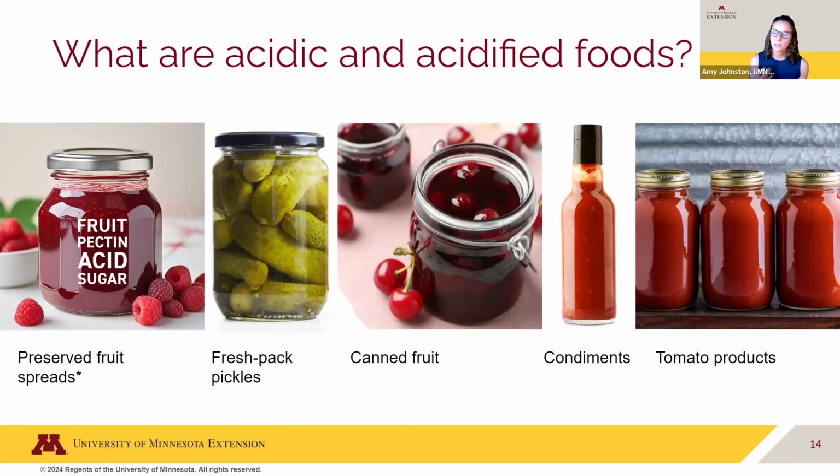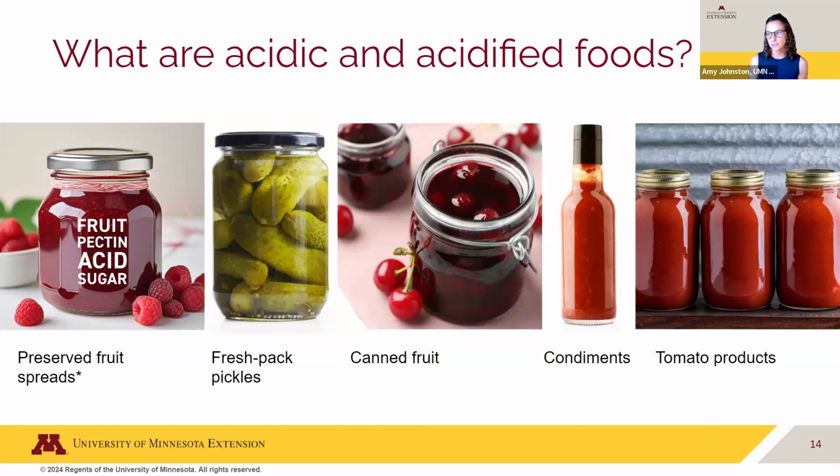Again, for licensed food production, certain fruits are going to be excluded from some of the regulations just because they're naturally acidic. Acidified tomato products, like tomato sauce, canned tomatoes, and others. We're going to talk more about why tomato products need to be acidified before canning later today.